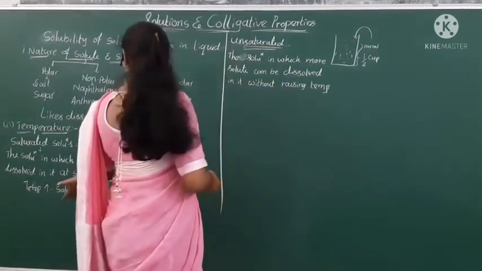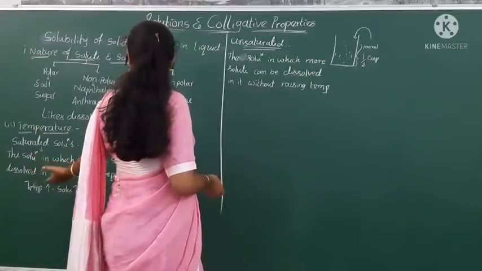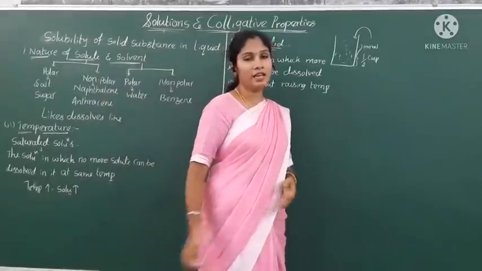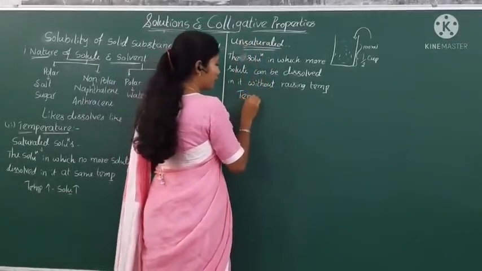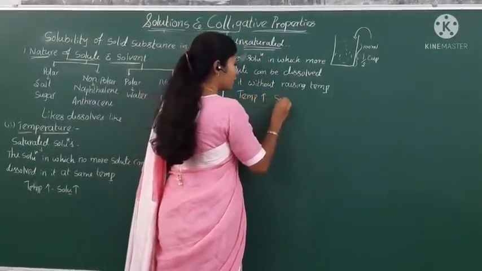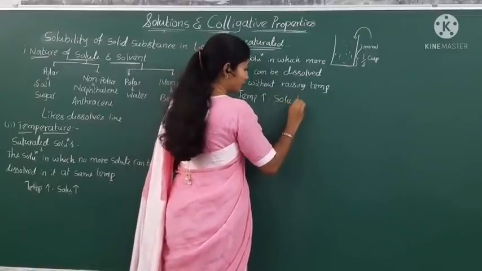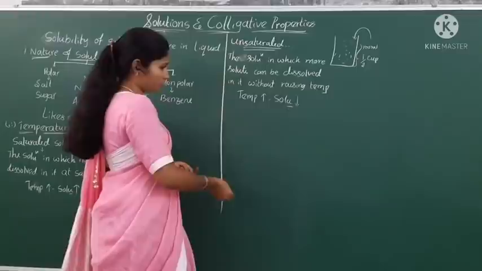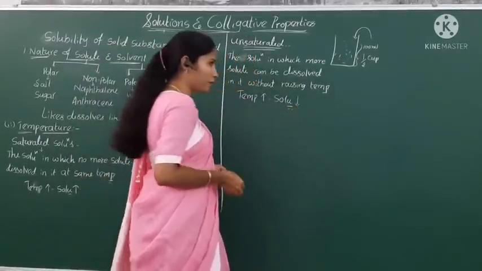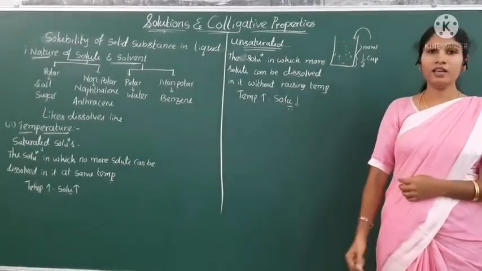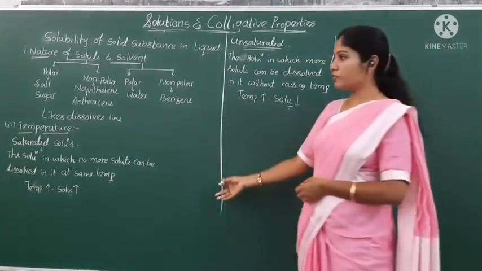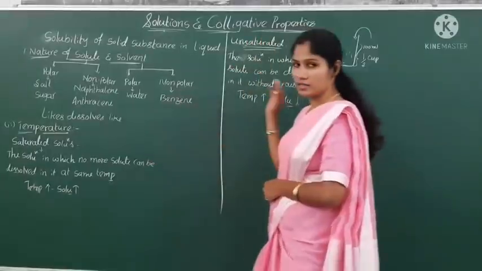So in a saturated solution, what we observe is that by raising the temperature, solubility increases. But in an unsaturated solution, by raising the temperature, solubility decreases. It is opposite to that. Now it is the effect of temperature on the solubility of a solid substance in liquids. First of all, take the saturated and unsaturated solutions.